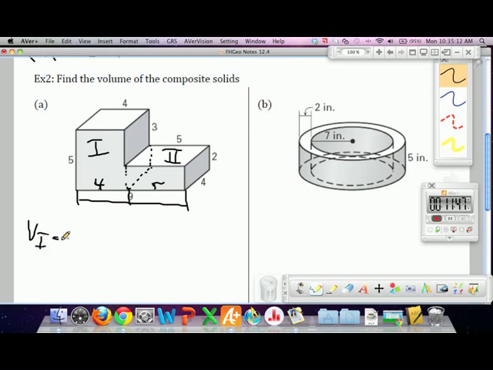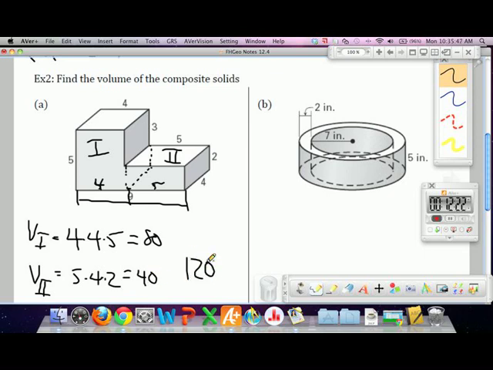The first volume being 4 times 4 times 5, the second volume being 5 times 4 times 2. And I believe we end up with 80 and 40 summed together to give us a grand total of 120 cubic units.